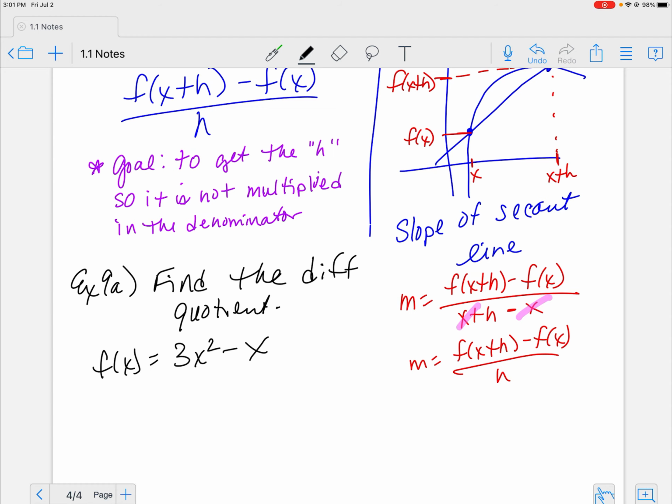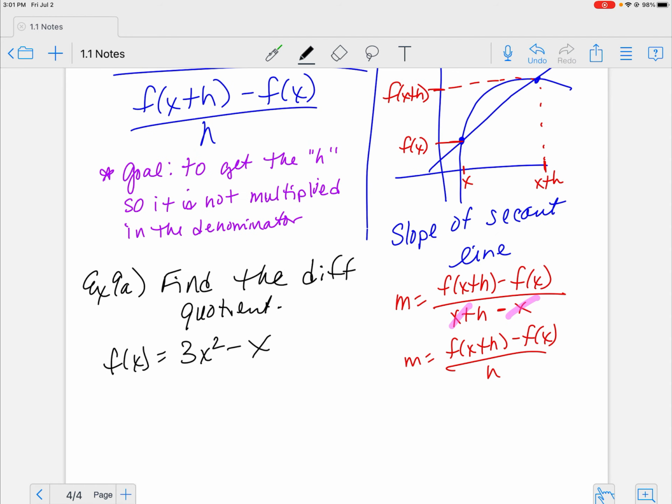All right. So our difference quotient is f of x plus h. That means I'm taking x plus h and plugging that in. Then I'm going to subtract just my straight up function and put that all over h. So a difference quotient is that composition of functions within. So I have 3 times (x plus h) squared minus (x plus h), right?